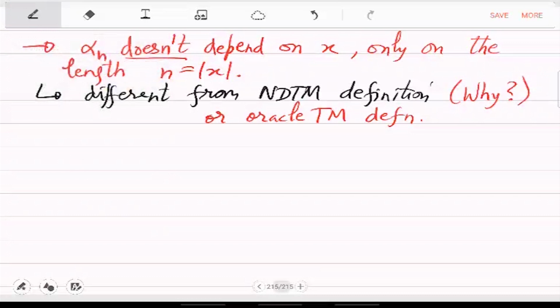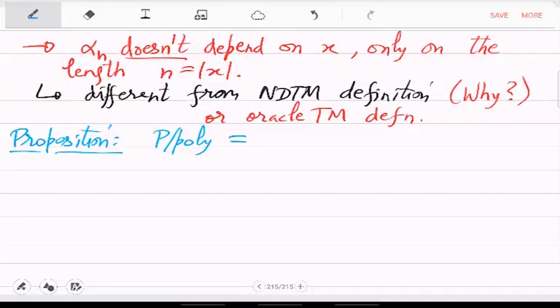So that defines DTIME(T(n))/A(n), and using this we can define P/poly by limiting T and A to be polynomials. So we can put this as a proposition: P/poly, defined via poly-size Boolean circuits, is actually equal to the union of DTIME(n^c)/n^d over all constants c, d.